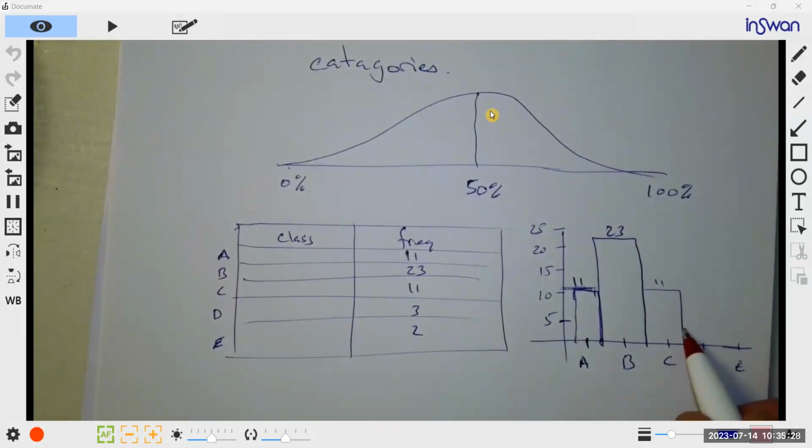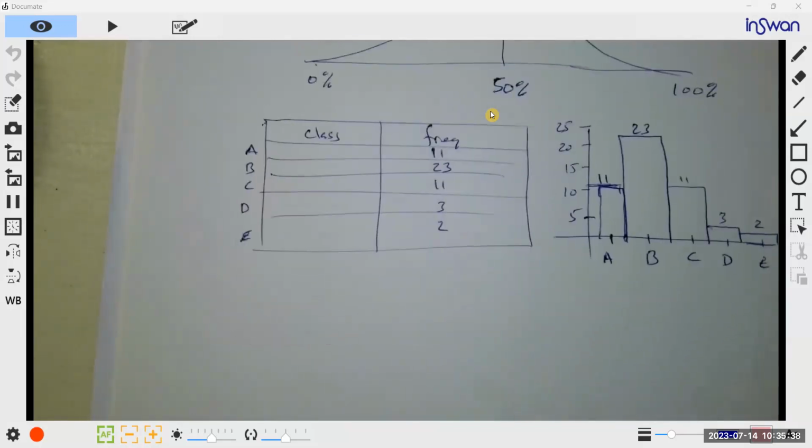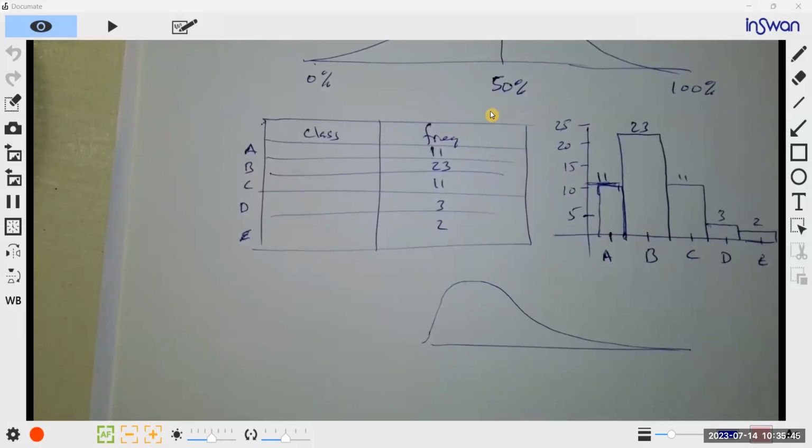Then 3. Then 2. So if we were going to draw a graph on this one, our graph would look like that. So we see that our data is not normally distributed.